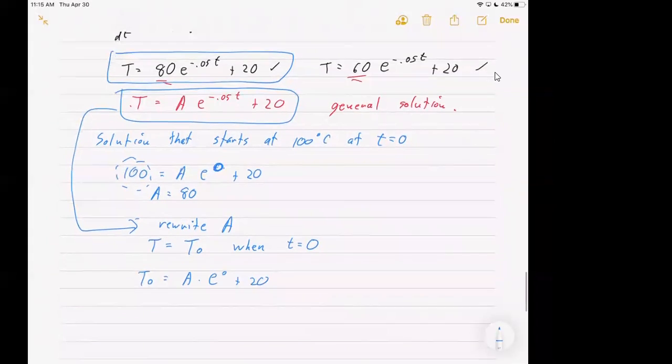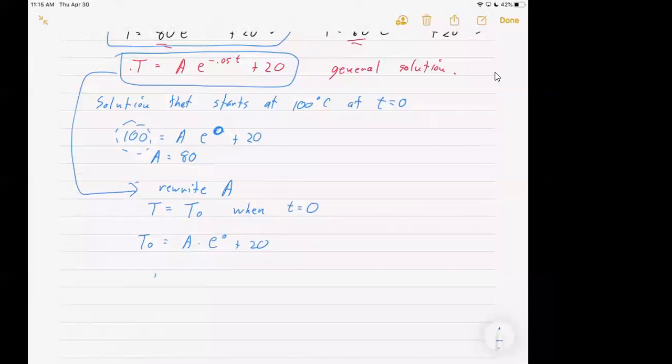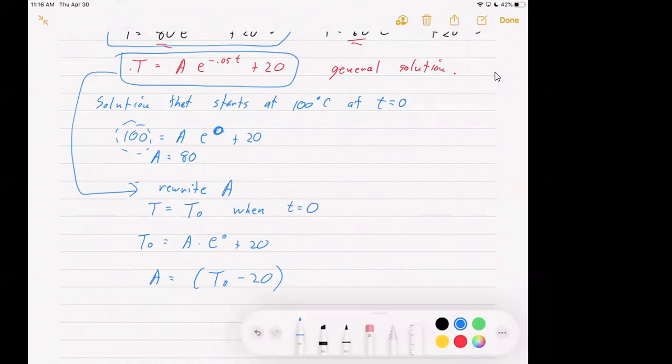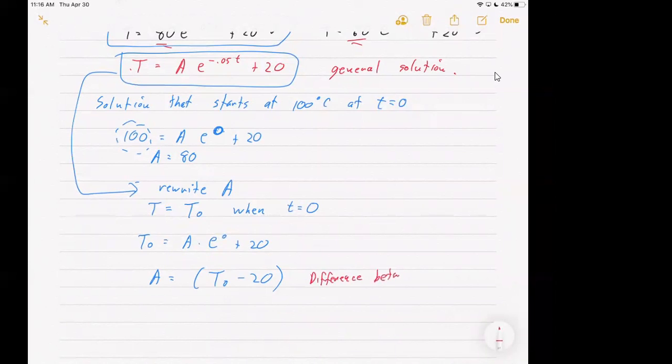Well, e to the 0 is 1, so a is always the initial temperature minus 20, which remember was room temperature. So a would be the difference between the initial temperature and room temperature.